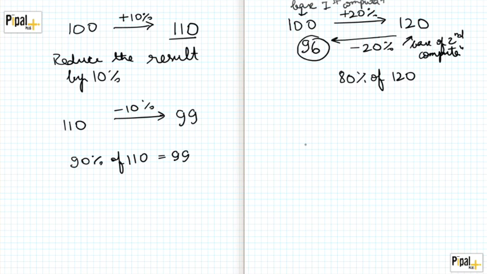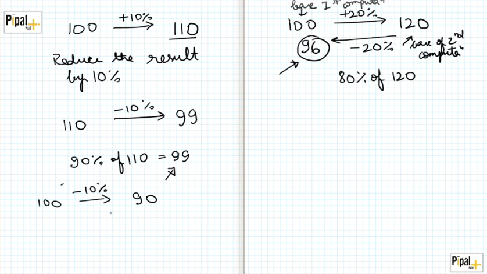So this 96 and this 99 will be the answer if I reduce something first and then increase. Let's compare this with a situation where I reduce 100 by 10%, and I get 90.